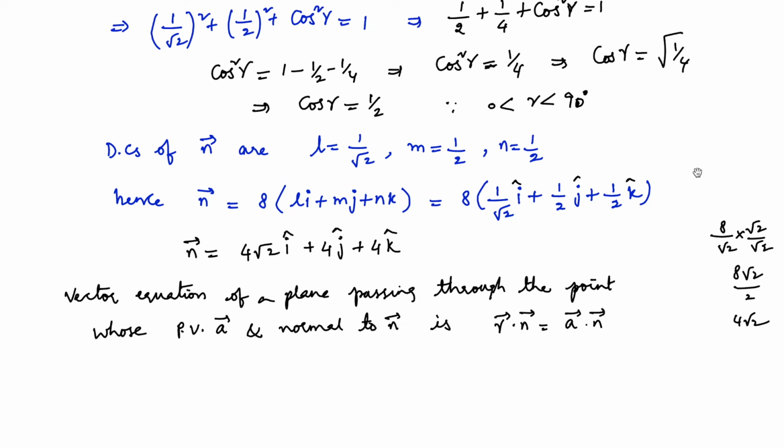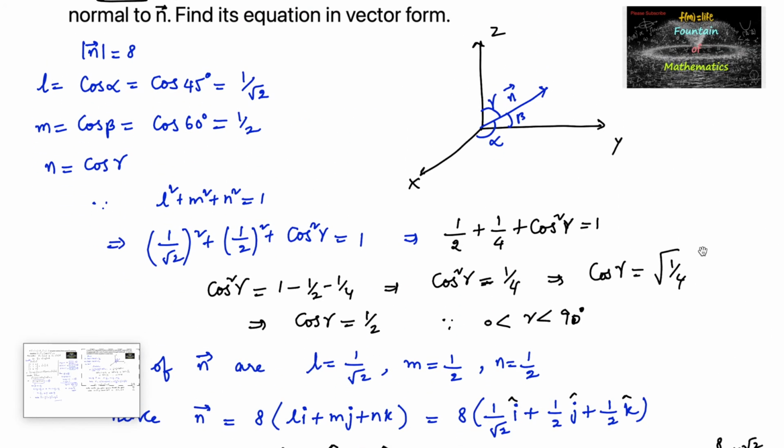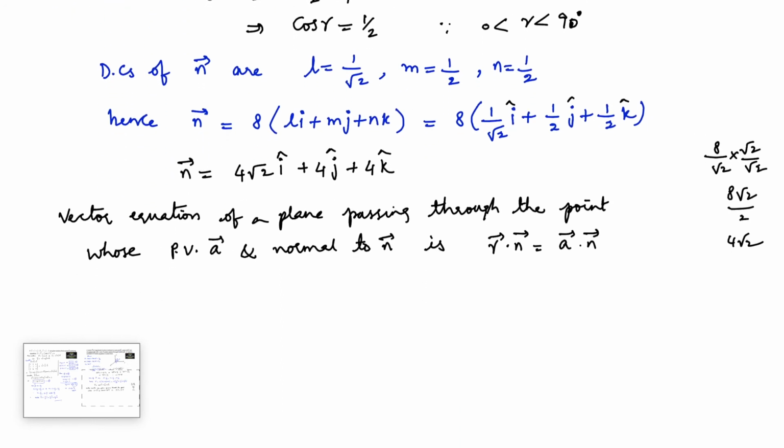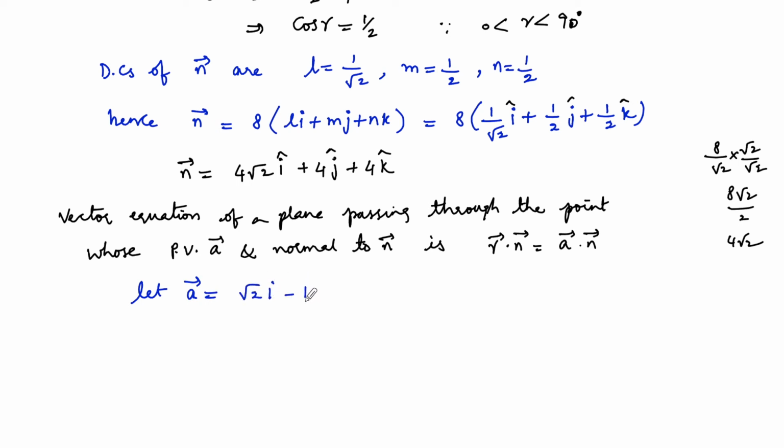Since our plane is passing through the point (root 2, minus 1, 1), we can say let a be equal to root 2 i minus j plus k.